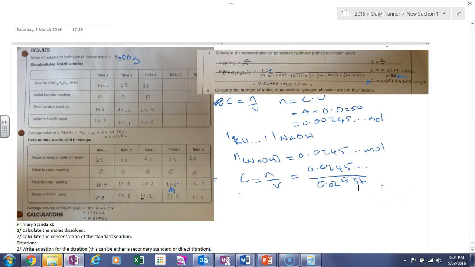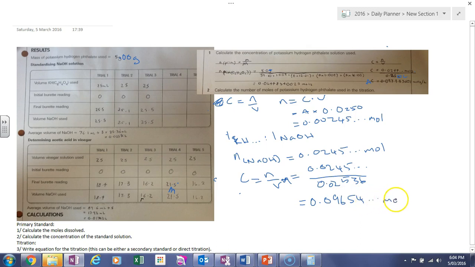So we do that calculation very quickly, and that brings us to a concentration of 0.09654 moles per liter. All right, we've now standardized our sodium hydroxide.